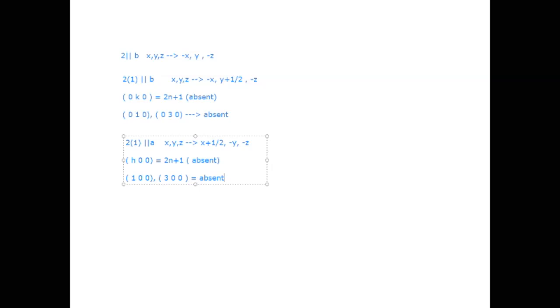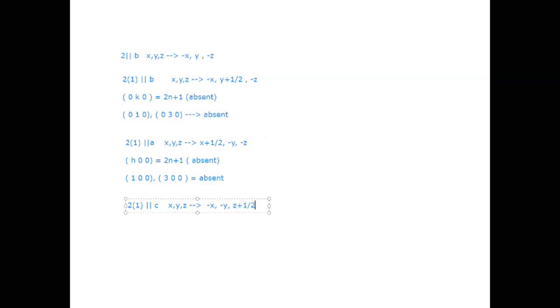I'll just give you a few examples of what they look like. Next, we have a 2 sub 1 parallel to C. We've already done B. So we have X, Y, and Z. X becomes negative, Y becomes negative, and then Z plus a half.